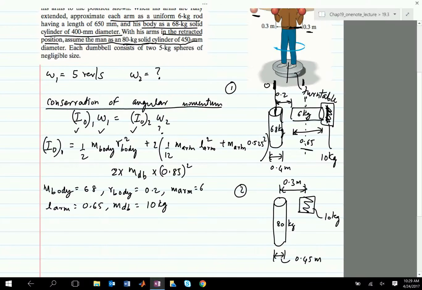So if you put all those numbers in, you get IO1 equals 19.54 kg meter square. Okay.